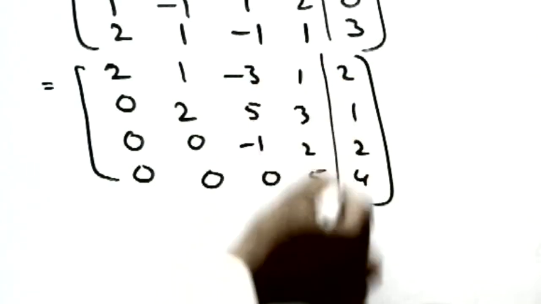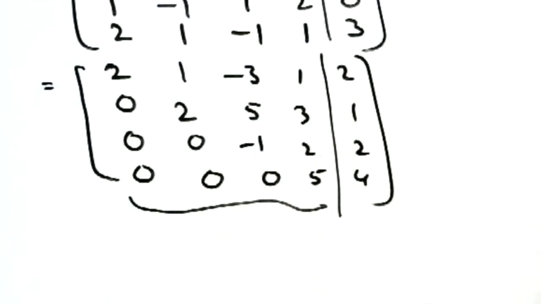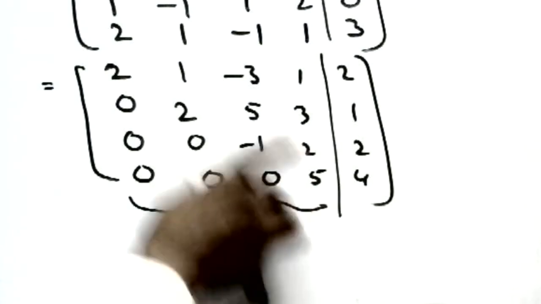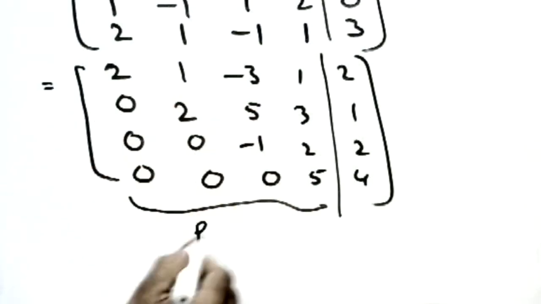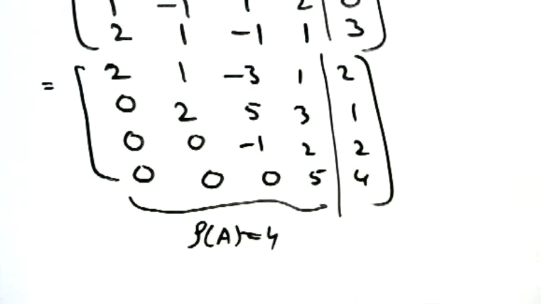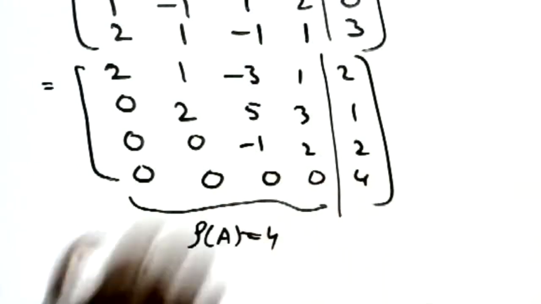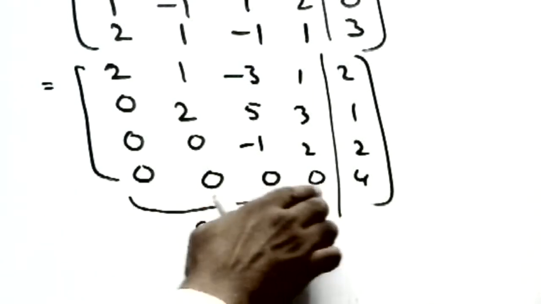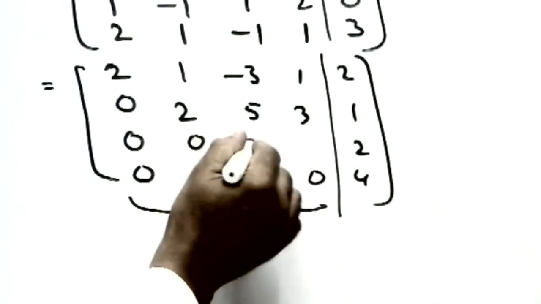Now see how to find the rank. Put a line here. This means the rank of A. Suppose no row is all zeros. How many rows are there? 1, 2, 3, 4. So the rank of A will be 4. Suppose we got a zero row here, then the rank of A will be 3, because we do not count an all-zero row.